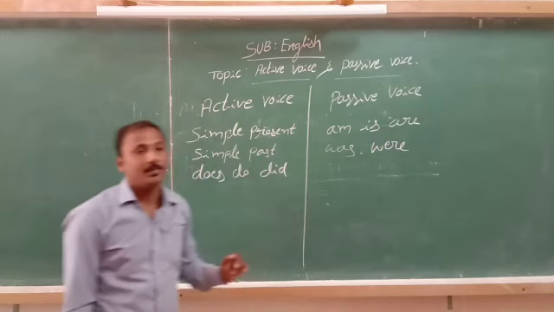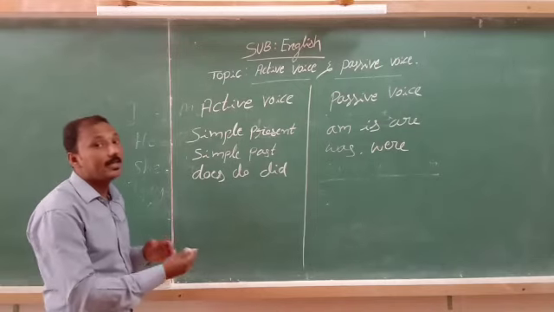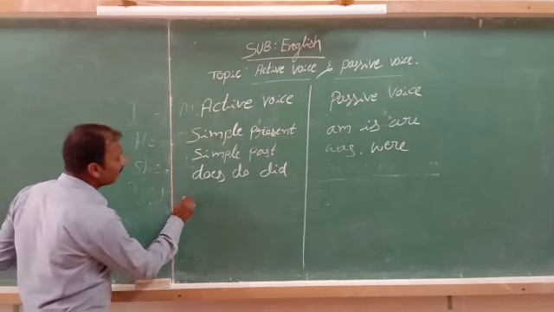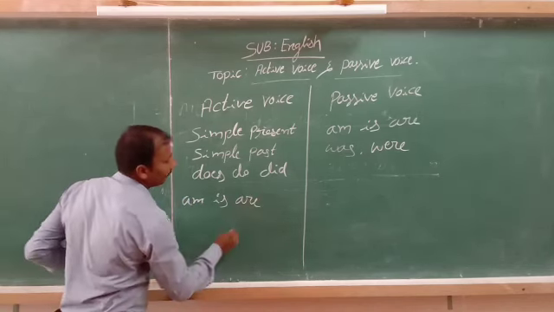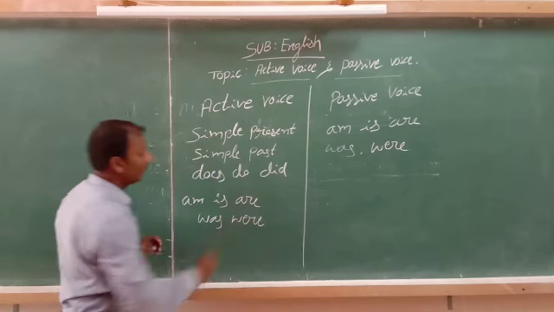Then suppose the sentence is in present continuous tense or past continuous tense, and we find the helping verb in its be form: am, is, are, or was, were.